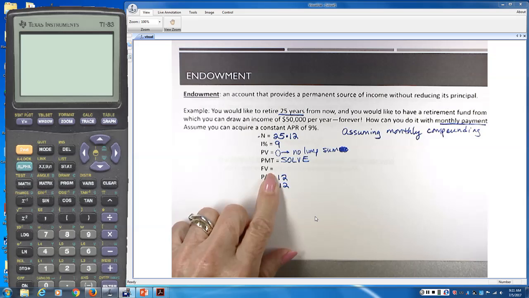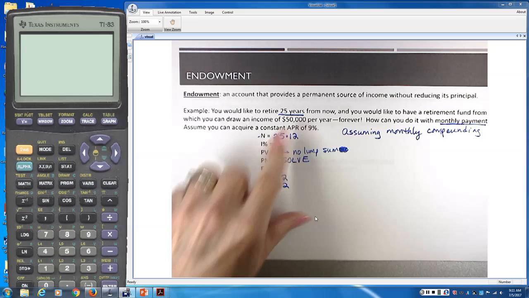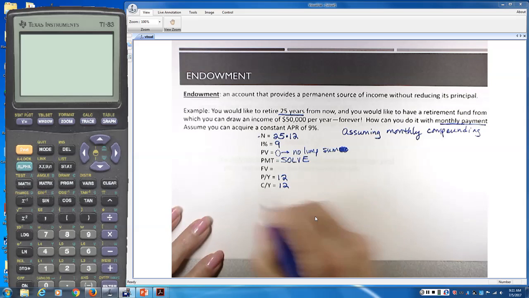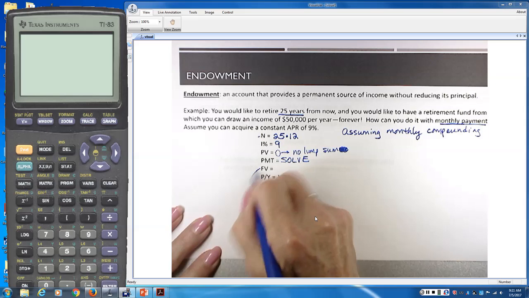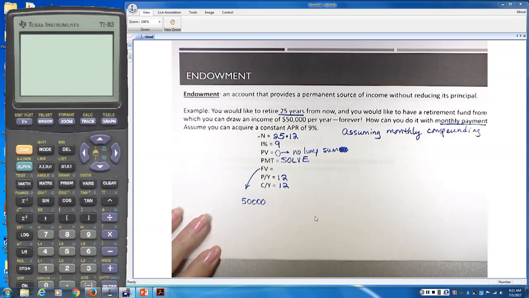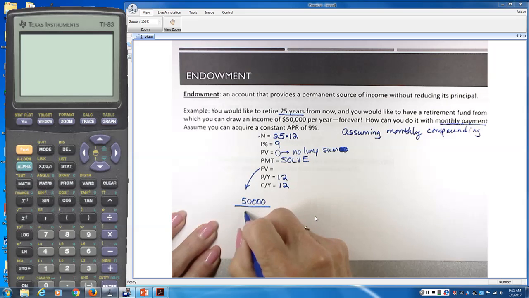Well, the future value is going to be the amount that we can draw the income of, divided by the interest rate.